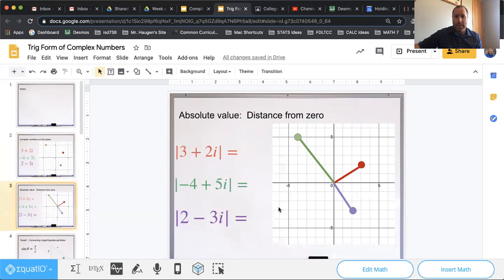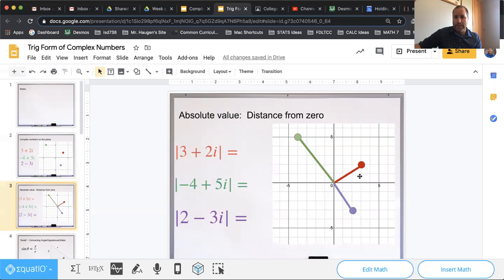And we can go here with absolute values. We can find absolute values of complex numbers. Absolute value really just means how far away you are from 0. And so it's pretty much the same as finding the magnitude of a vector, right? So here, if I wanted to find the absolute value of 3 plus 2i, that's right here.